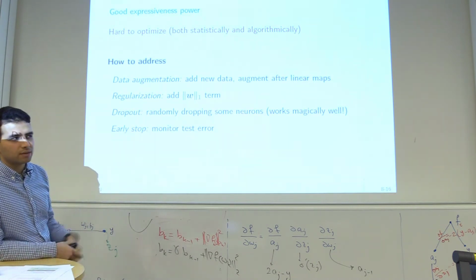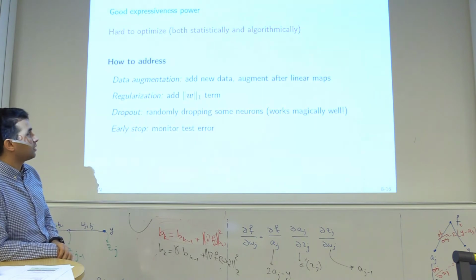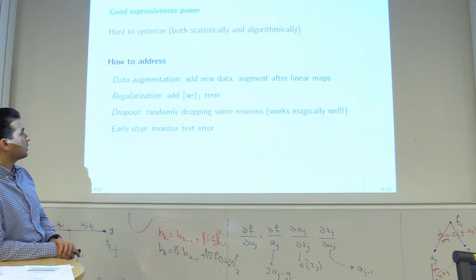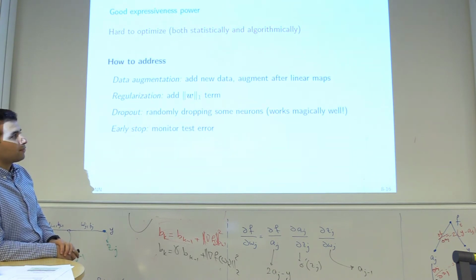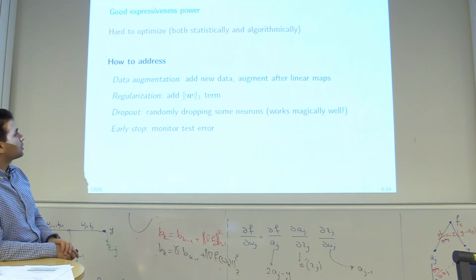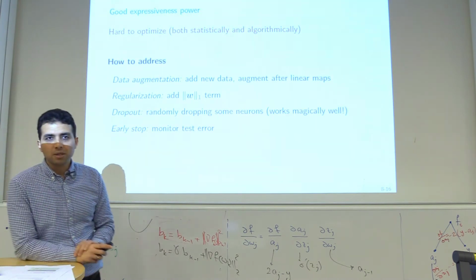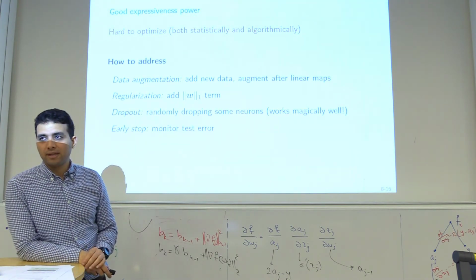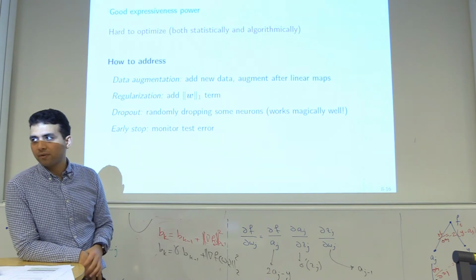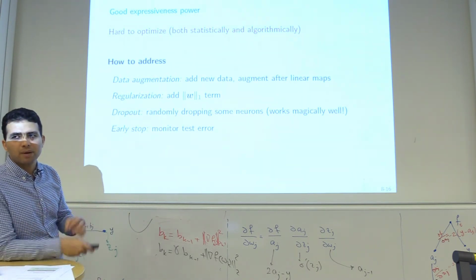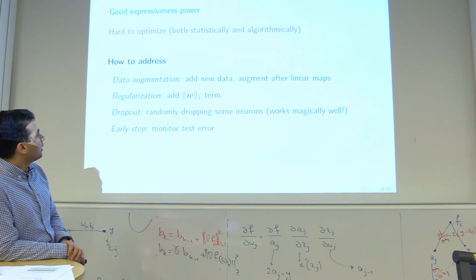If you just randomly add more weights, you shouldn't really do that. There are many different ways to compensate for that. From statistical learning theory, we can use something like data augmentation, so either add more data to address that overfitting problem, to use that expressiveness power in a good way.